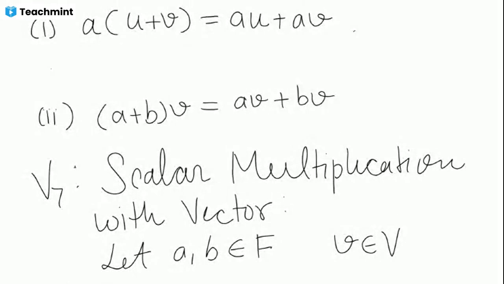My mistake, I forgot this property. So this one is V7. These are the properties to show any set to be a vector space.